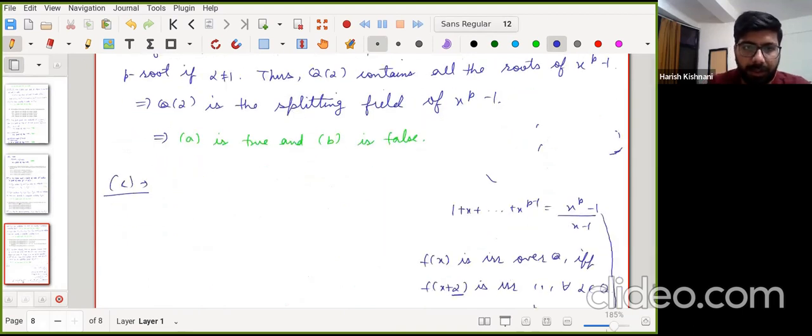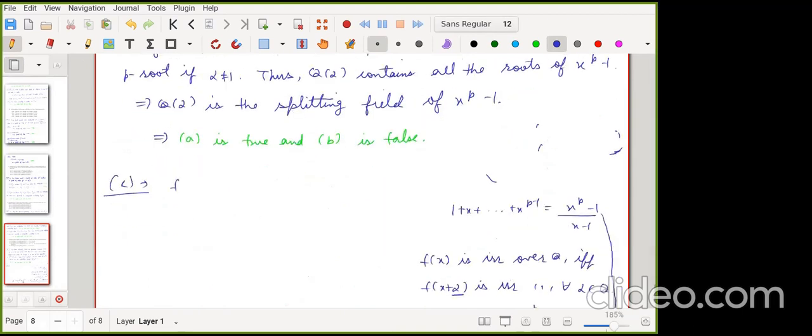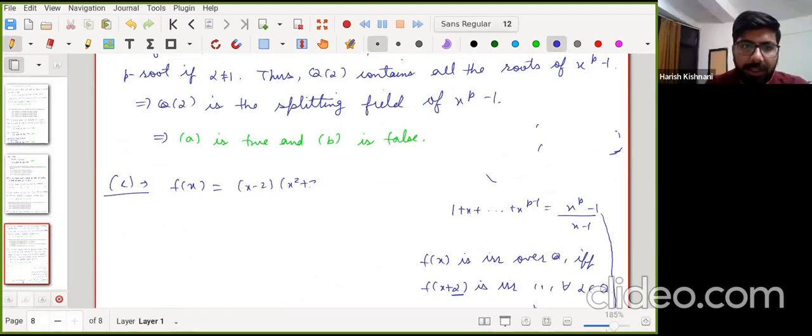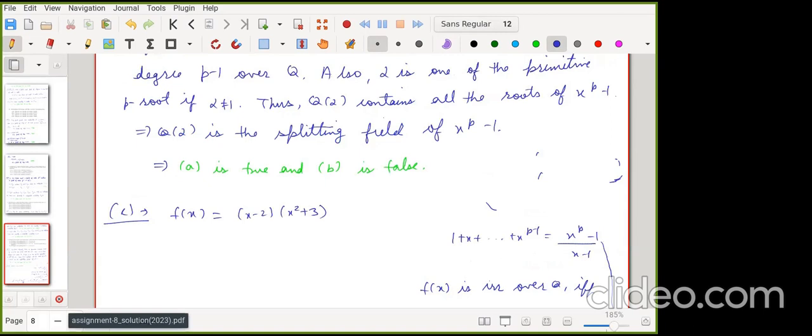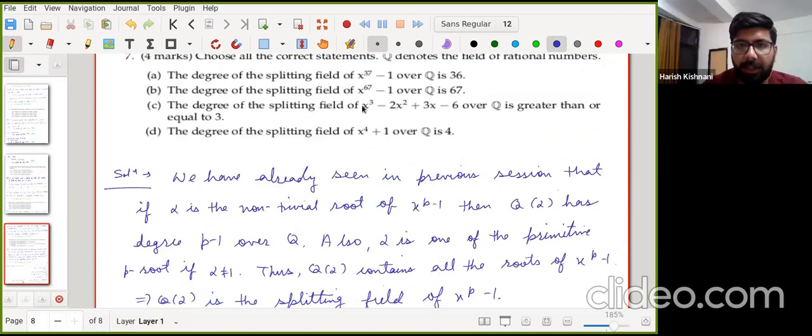But you can write f(x) as (x minus 2)(x square plus 3). You can check that 2 satisfies this polynomial: this is 8 minus 8, 0, plus 6 minus 6, so that is 0 once you put x equal to 2.